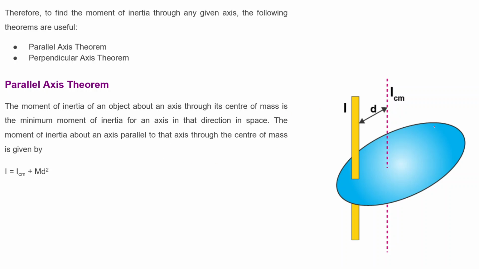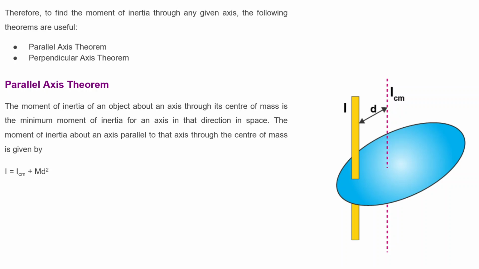Say I have a shape, some material in this particular shape, and perpendicular to this shape I am drawing an axis, and that axis is passing through the center of mass. Center of mass is basically where we can imagine that the whole mass of the body is situated, and if we balance that particular point, the whole material could be balanced.